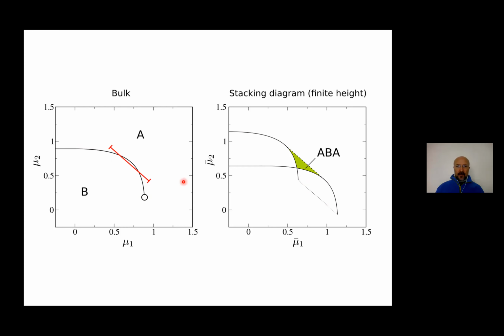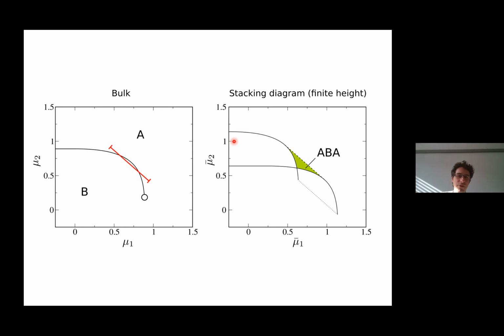All these lines correspond to the special paths where at least two different sequences coexist. And you can easily go from this to this. The other way around, experimentally, is difficult.